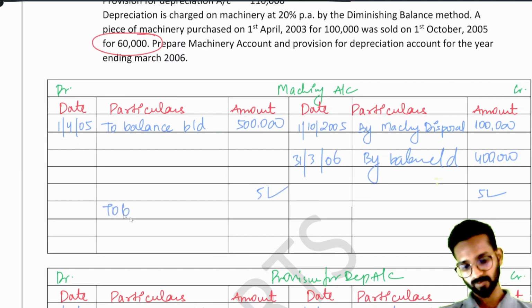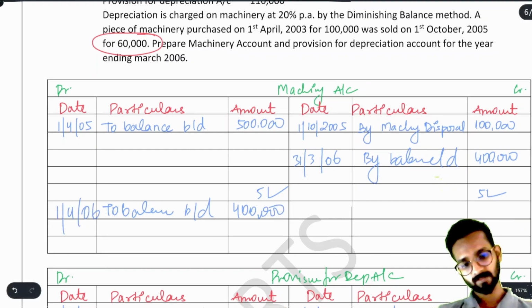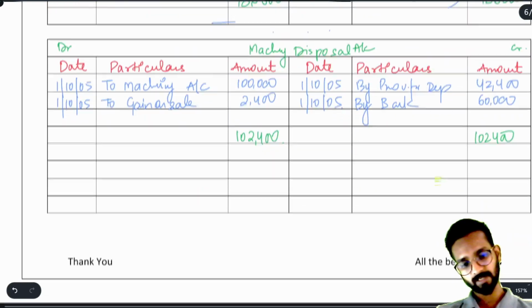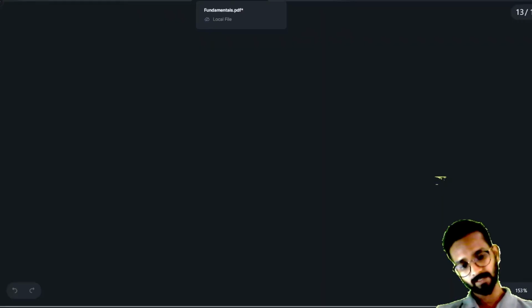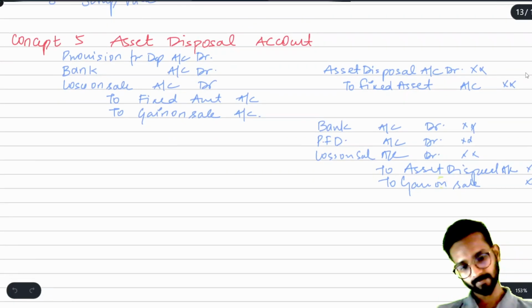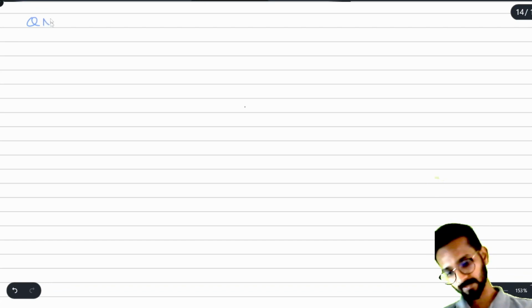Then write here to balance brought down as 4 lakhs on 1st April 2006. Okay, I will give you a detailed writing. I am writing here this as, see, how we can calculate for question number 6. Check.